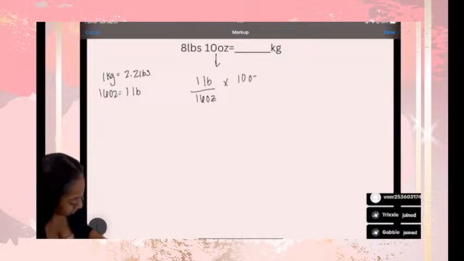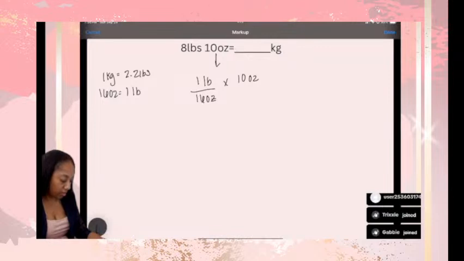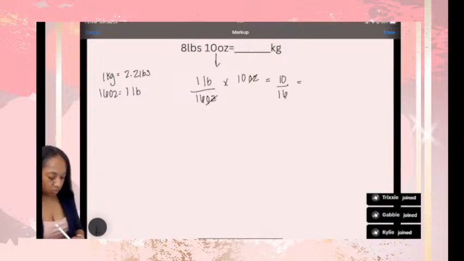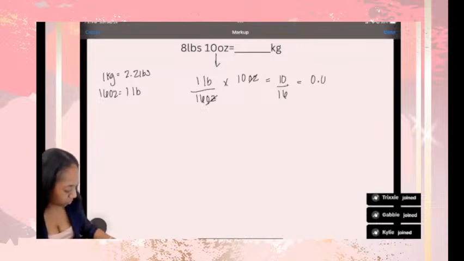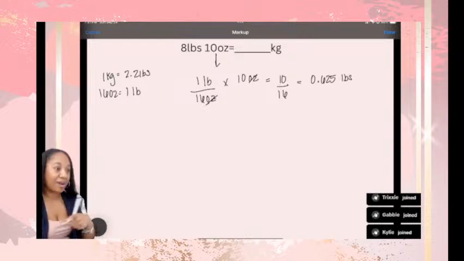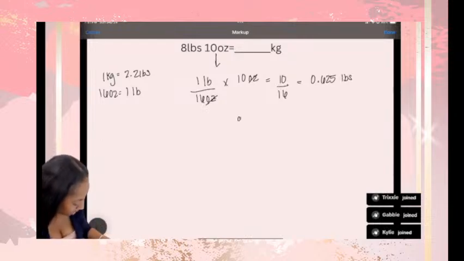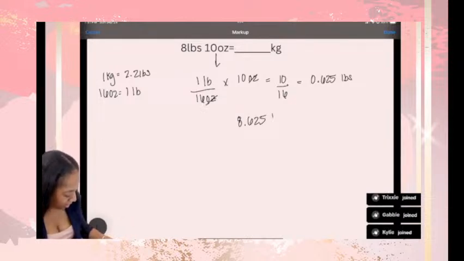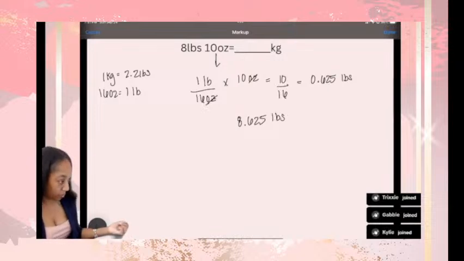Then 10 ounces, because ounces are on the bottom, so they must cross out with what's on the top. So that's going to be 10 divided by 16, which is 0.625 pounds. We'll add that to our existing pounds, so it'll be 8.625 pounds, okay? And now you can convert to kilograms.